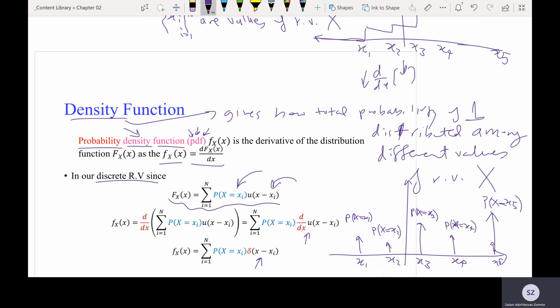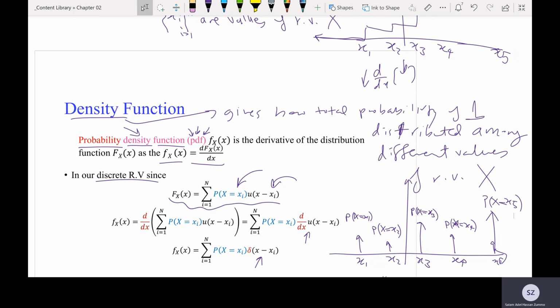It has a little bit of probability at x2 and x4. This gives you at least a visual and mathematical expression.